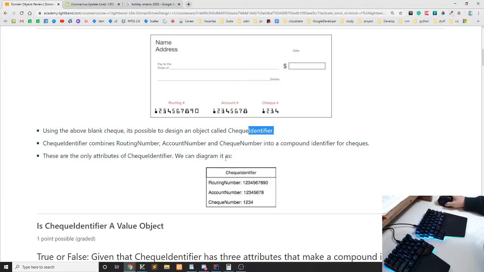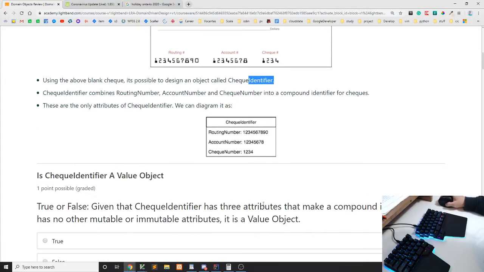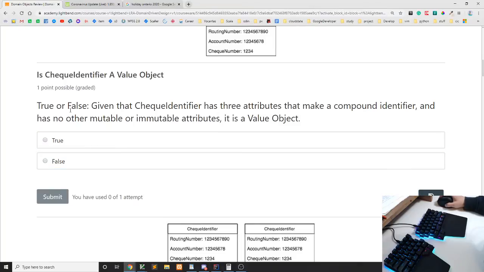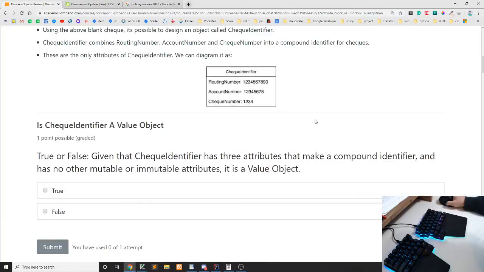We can diagram it as routing number, account number, check number. Is check identifier a value object? True or false? Given that check identifier has three attributes that make a compound identifier and has no other mutable or immutable attributes, it is a value object.